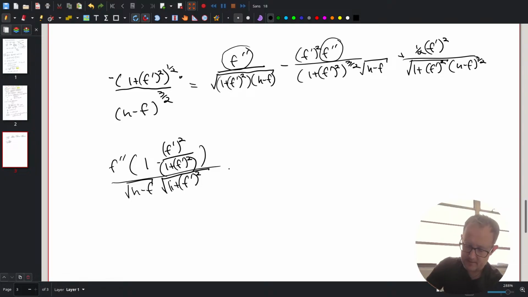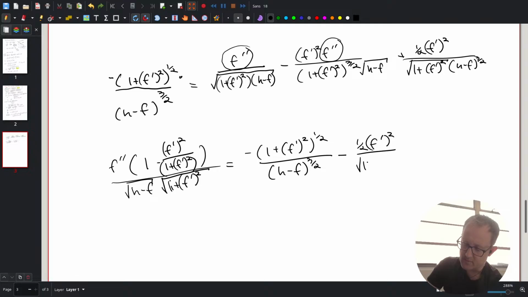And then equals this negative 1 plus f prime squared to the 1/2 over h minus f to the 3/2 minus 1/2 f prime squared over square root 1 plus f prime squared and h minus f to the 3/2. And then I could multiply all this stuff in there and make my way through it.